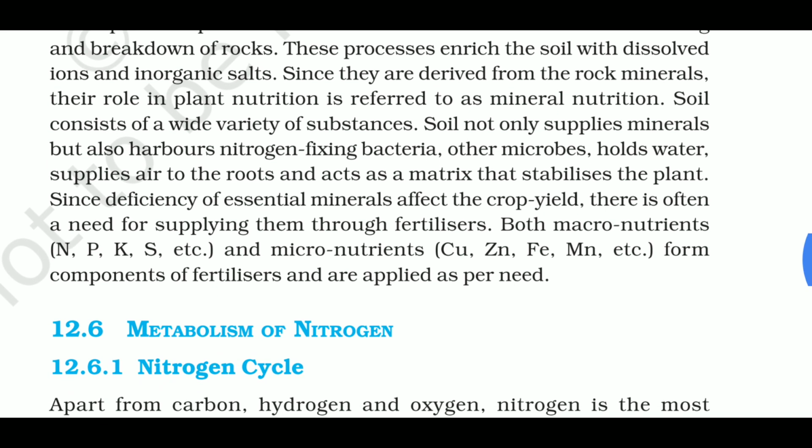Since the deficiency of essential minerals will affect the crop yield, there is often a need for supplying them through fertilizers. Both macronutrients like nitrogen, potassium, phosphorus, sulfur, etc., and micronutrients like copper, zinc, iron, manganese, etc., form a component of the fertilizers and are applied as per the need.